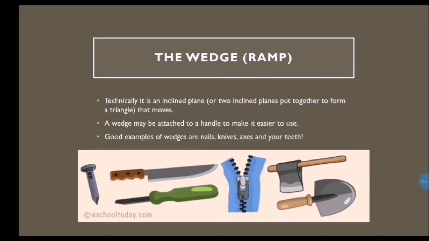Technically, it is an inclined plane or two inclined planes put together to form a triangle that moves. A wedge may be attached to a handle to make it easier to use. Good examples of wedges are nails, knives, axes, and your teeth. Your teeth are considered wedges.